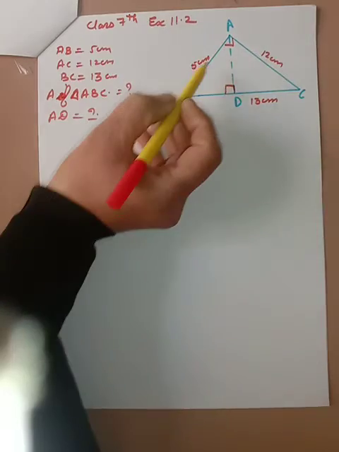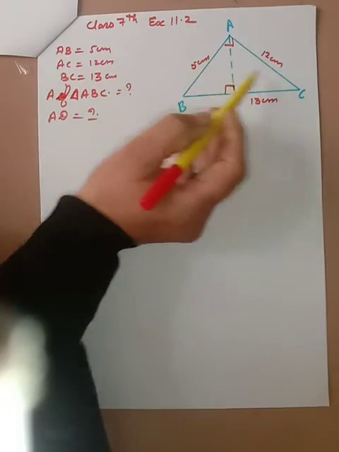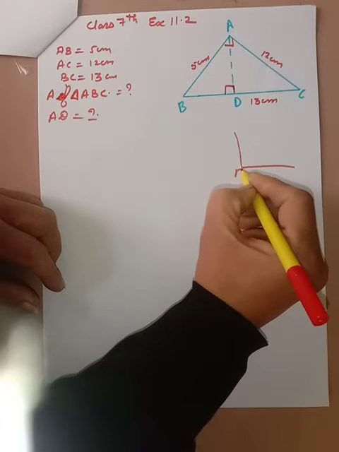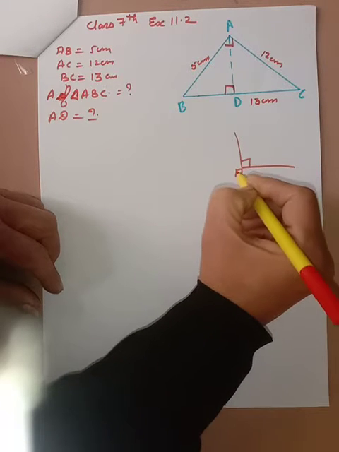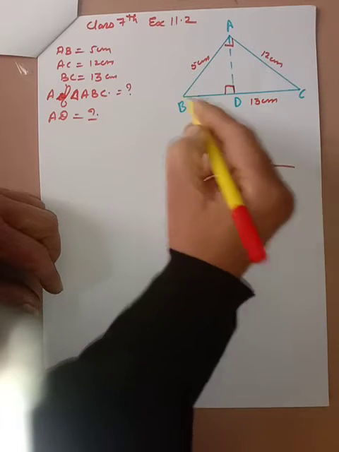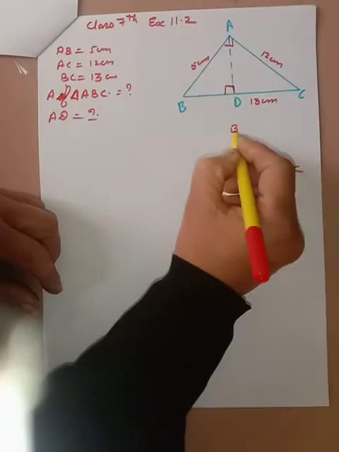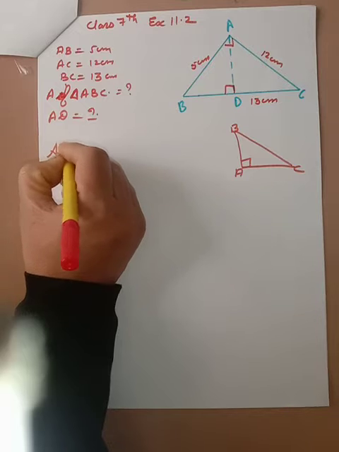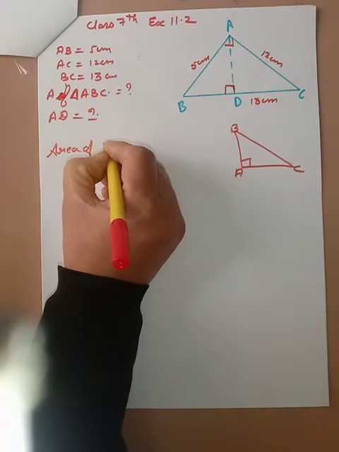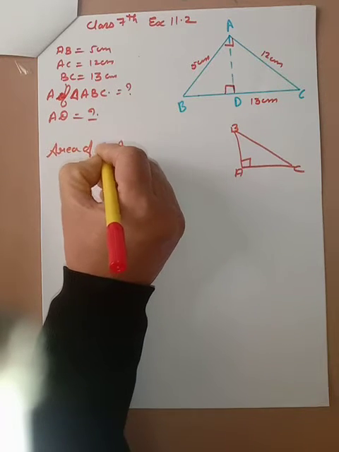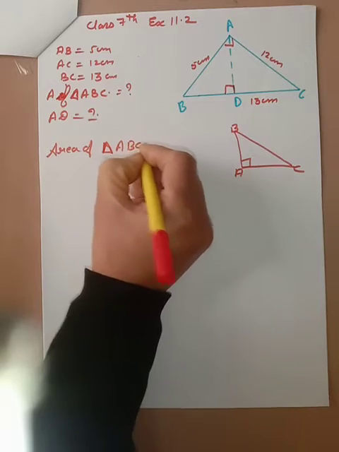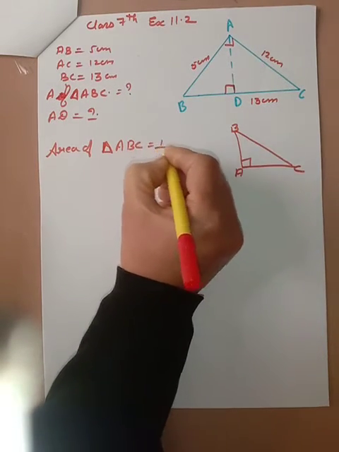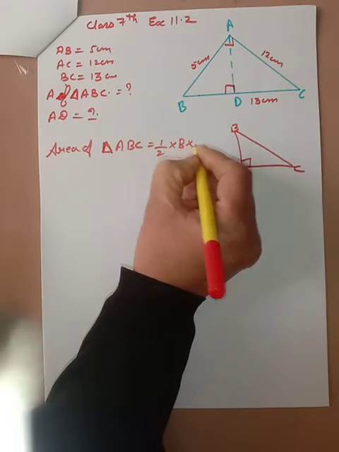So children, see, this is a right angle. If you see this triangle I'm drawing here, A, ये right angle है यहाँ, 90 degrees, and this is B and this is C. This is the right angle triangle ABC. So area of triangle ABC, it is a right angle triangle, तो we can apply the formula half into base into height.